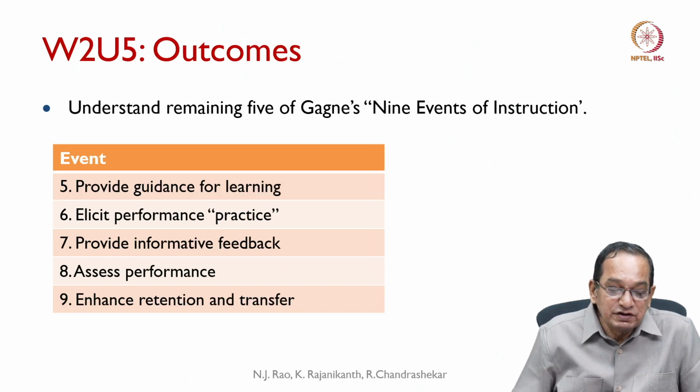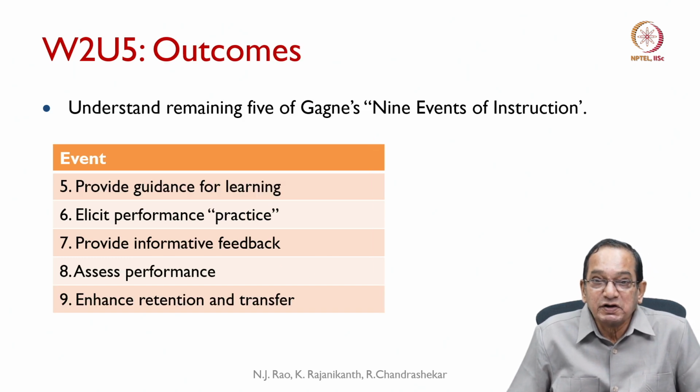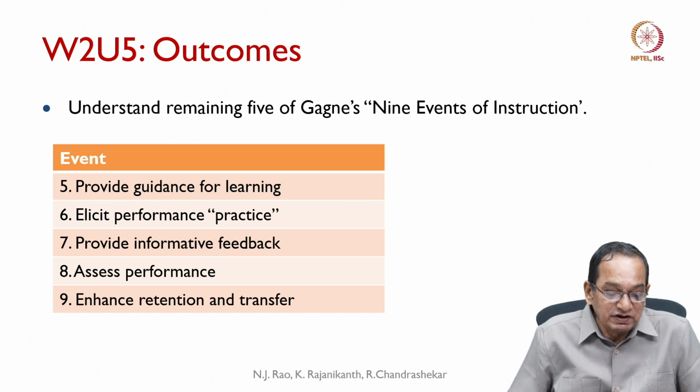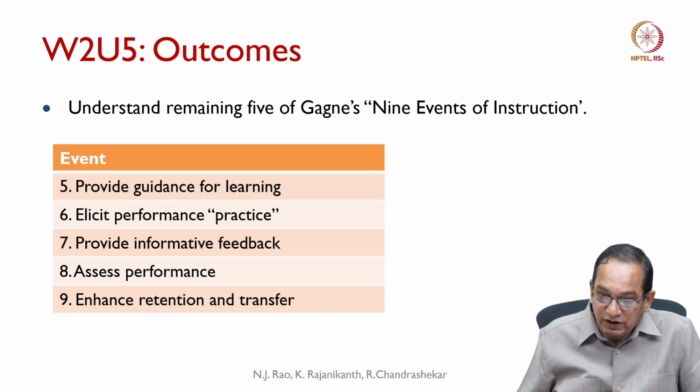In this unit, we will understand the remaining 5 of Gagne's 9 events of instruction, that is, provide guidance for learning, elicit performance practice, provide informative feedback, assess performance, enhance retention and transfer. These are the remaining 5 of the 9 events of instruction, and we will understand these events.